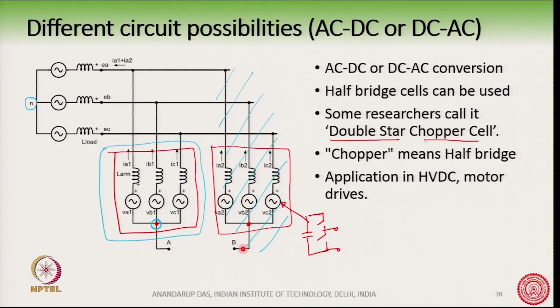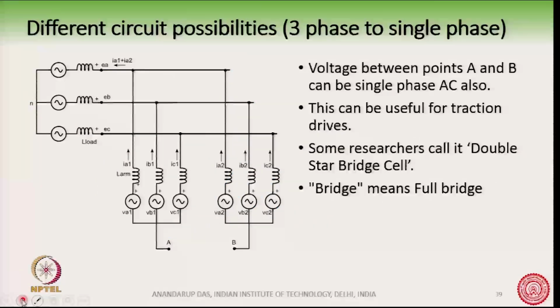Now, this converter we have studied in detail, and we have seen that it can be applied for HVDC and motor drives, etc. Now, if you go one step ahead, we have so far said that the voltage between points A and B is DC.